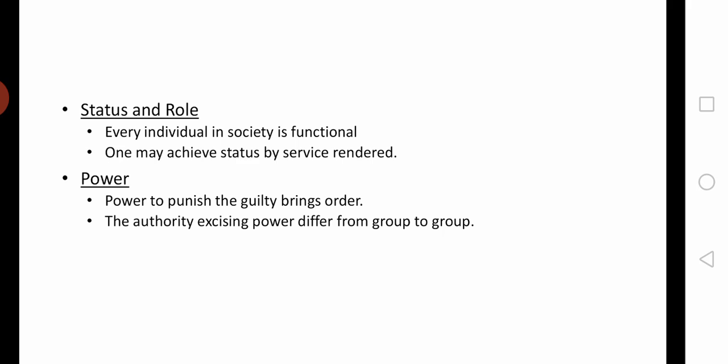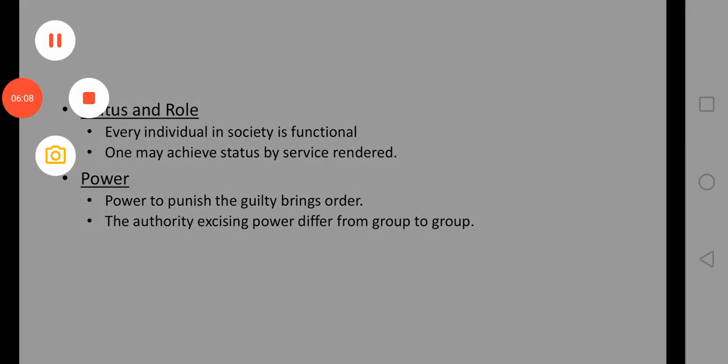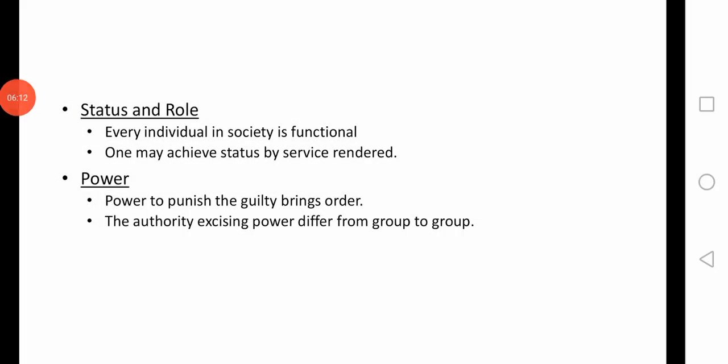Next is status and role. Every individual in society is functional. One may achieve status by service rendered. A person can serve with the help of a team or he can work alone.